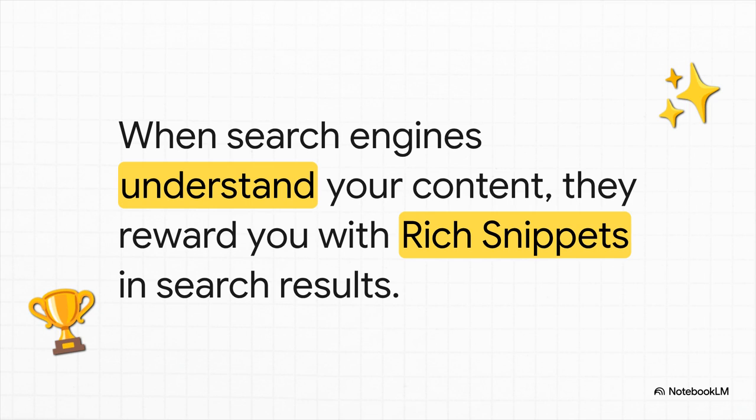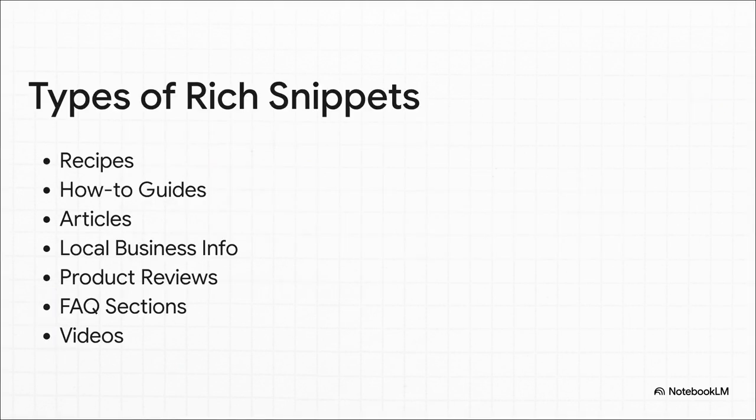And these fancy enhanced listings, those are the rich snippets. And these aren't just one size fits all. They can show up in all kinds of powerful ways. Like your recipe could pop up with a star rating and the cooking time right in the search results. Or maybe your local business info, like your hours, shows up. Your product could even show its price and whether it's in stock. This is the kind of stuff that makes people stop scrolling and actually notice you.